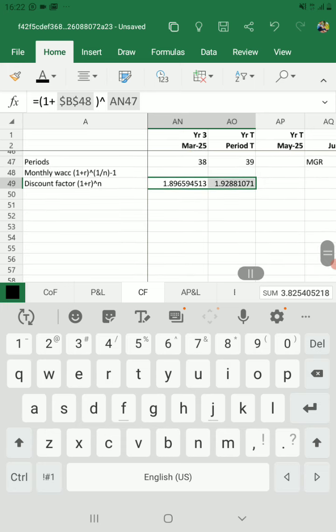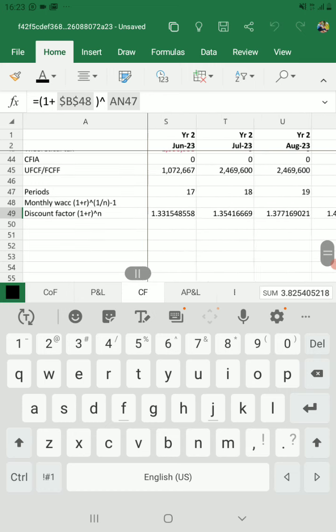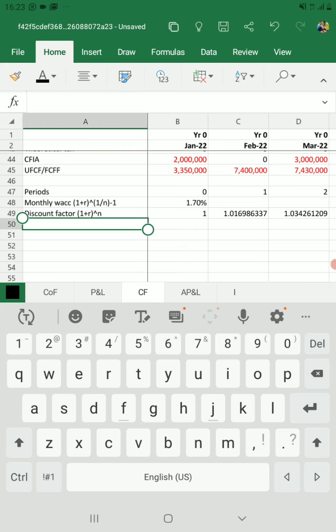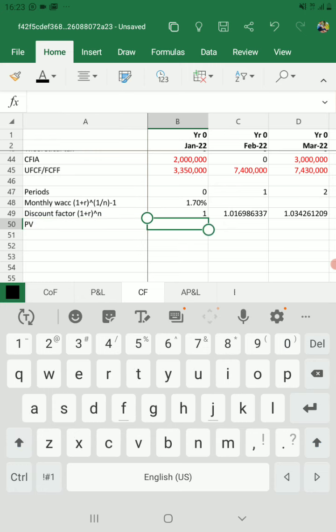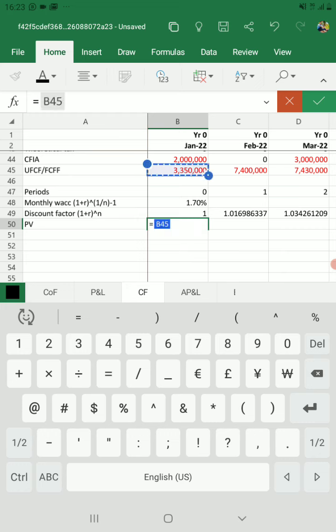Okay, so after that, then we can do our present value computation. So PV is simply start with equal sign unlevered free cash flow figure divide by discounting factor here.